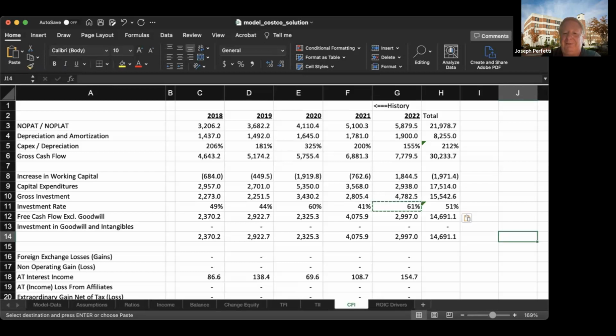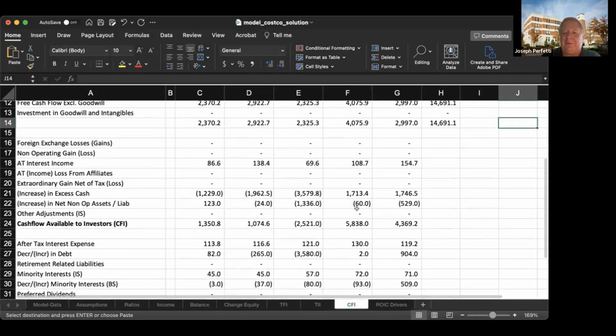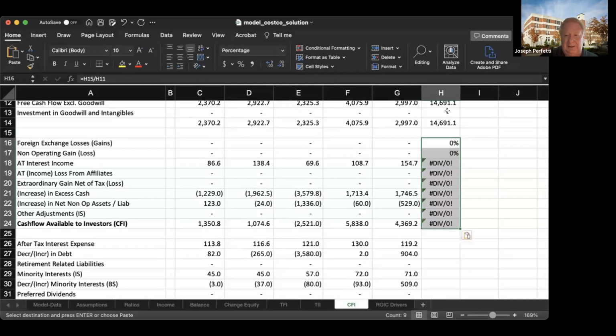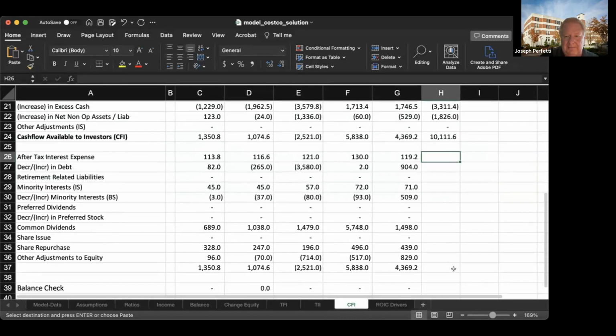So what'd they do with the almost $15 billion, 14,691? Where'd it go? Again, I know you probably didn't do this part of the tree, but I'm giving it to you. Here are the non-operating items summed. And here is the debt and equity summed.